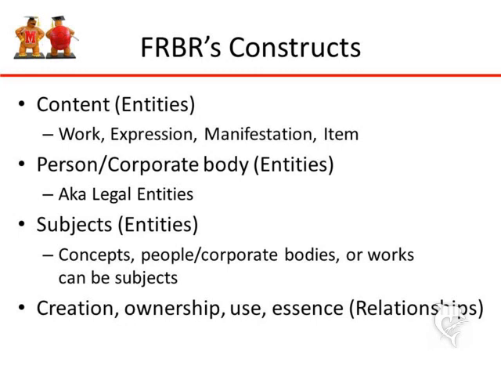The next construct is another entity type called person or corporate bodies. This is something that I often refer to as a legal entity or an agent in that Freedmen's Bureau ontology. And then the third construct is yet a third entity type called subjects. And subjects can be concepts, they can be people or corporate bodies, or they can be works.